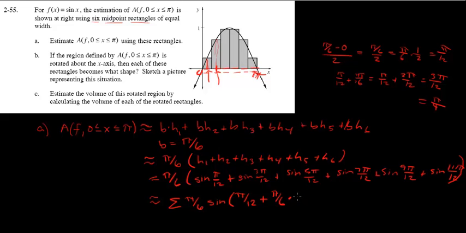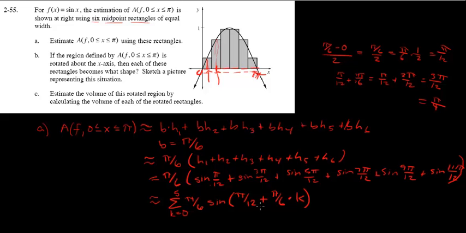Let's call it k. I don't like to use i because I use cursive and it looks like imaginary. So k starts at 0 and goes 0, 1, 2, 3, 4, 5. From 0 to 5 makes sense because we have 6 rectangles.